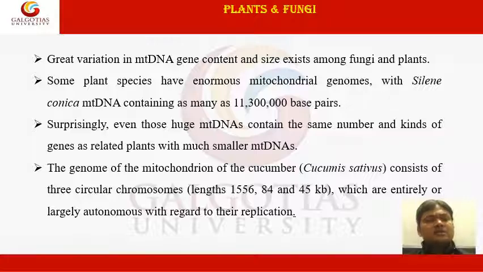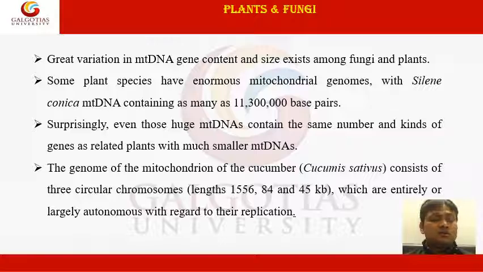Great variations in the mitochondrial DNA gene content and size exist among the fungi and the plants, and some plant species also have enormous mitochondrial genomes, with the Silene conica mitochondrial DNA containing around 11.3 million base pairs. Surprisingly, even those whose mitochondrial DNAs contain the same number and kinds of genes are related to plants with much smaller mitochondrial DNAs.